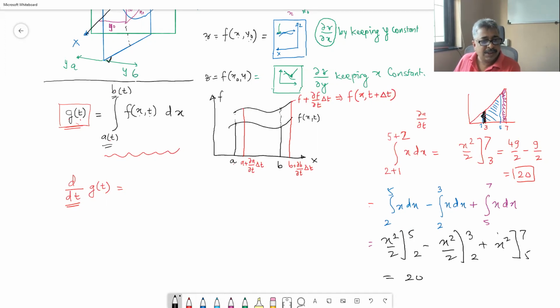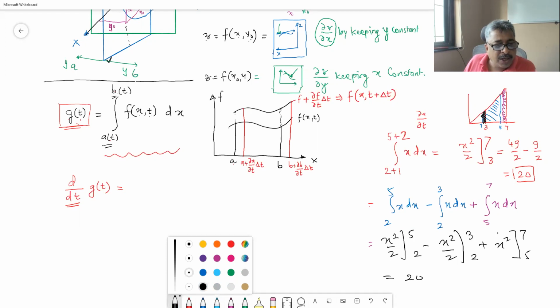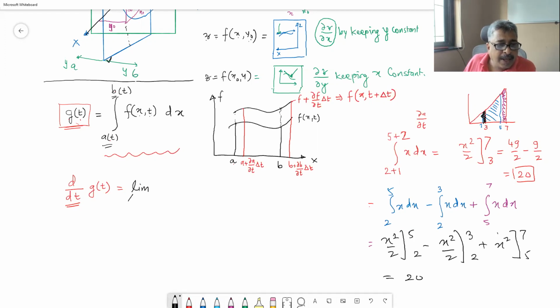Let me come back to this and write down a big expression. We are differentiating. That means we are taking the limit as delta t tends to 0.